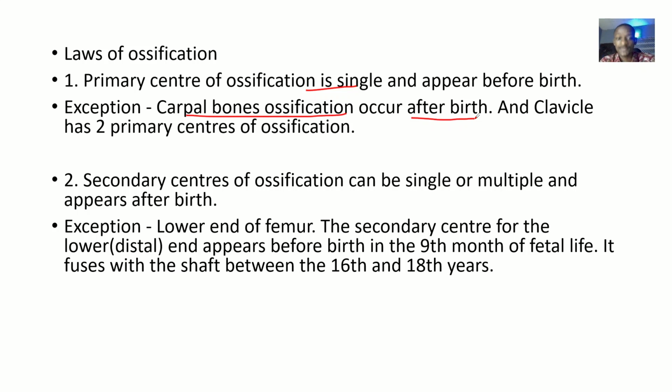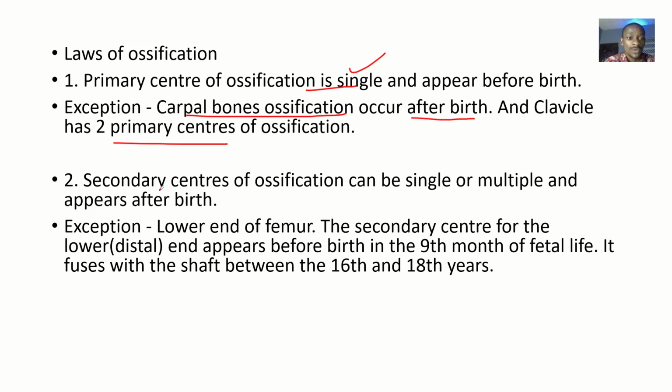Now, another exception to this single thing: the clavicle has two primary centers of ossification. Apart from these bones, every other bone follows the law. So they are trying to see how you know the exceptions.